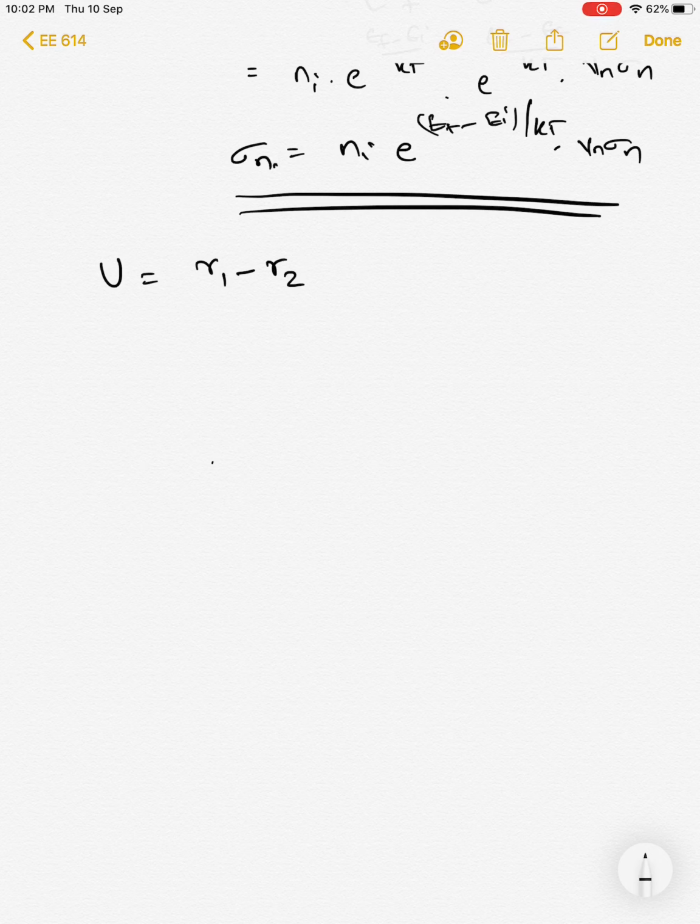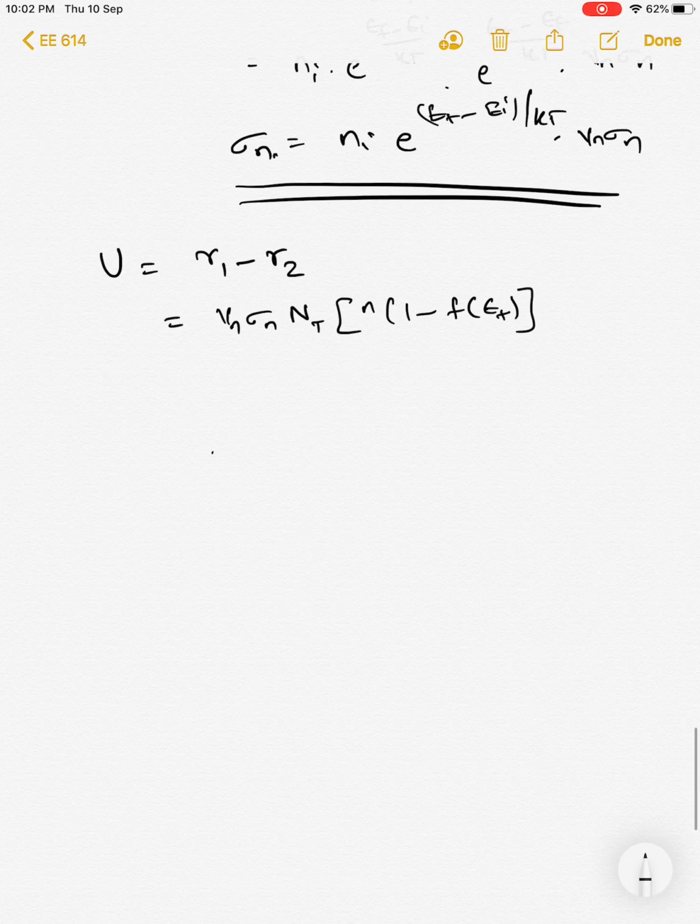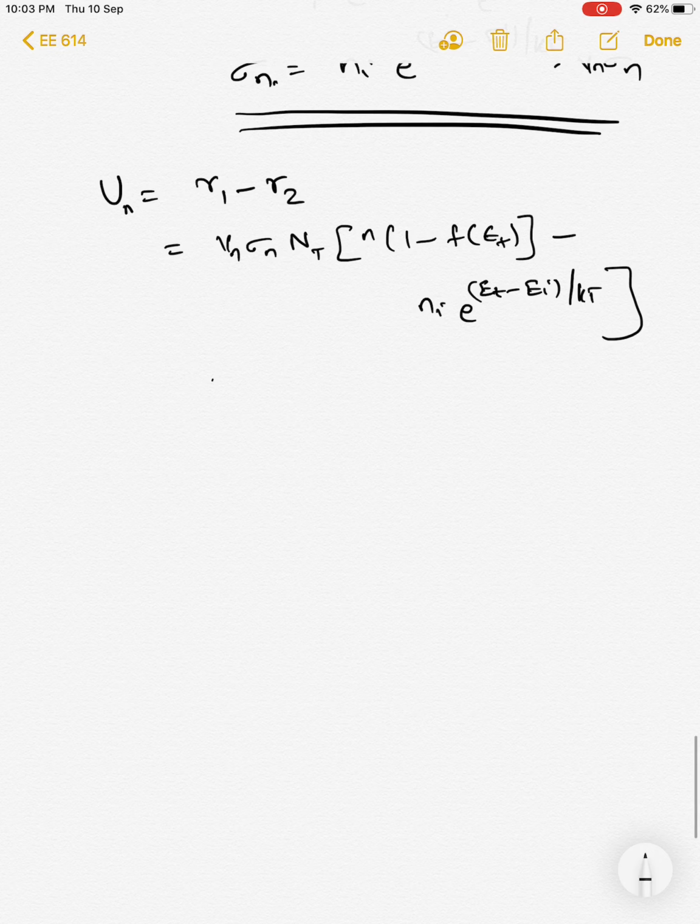So the net electron trapped transition is actually Vn sigma n Nt times n into 1 minus f of Et, minus ni e power Et minus Ei by kT, right? This is the net electron trapping efficiency. You can write it as Un.